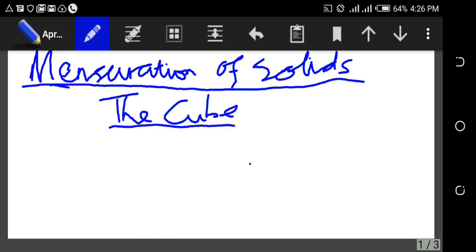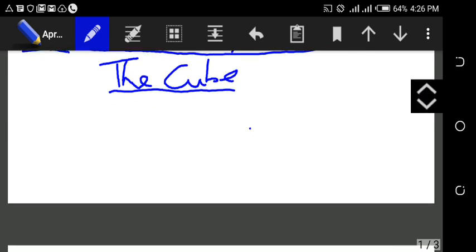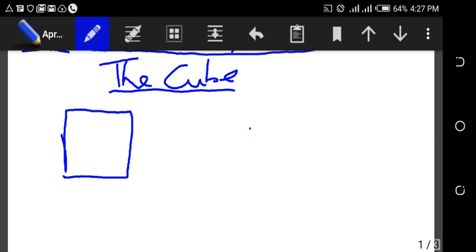Now I'm going to go ahead and make a drawing of what the cube looks like. If you are not sure of how that can be done, follow my lead. So we're going to make a square. Having made the square shape, you have to make another square inside of the one you made, something like this.